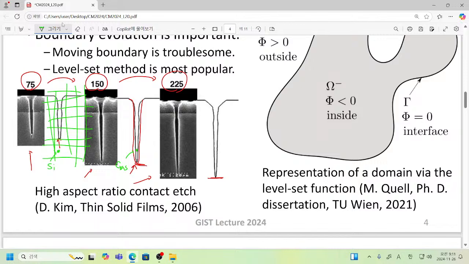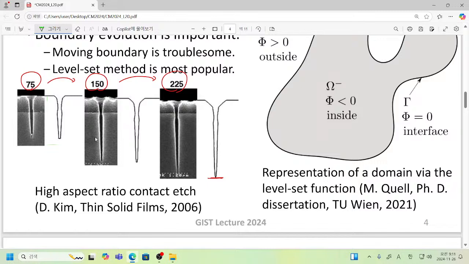So that can be done with voxel-like approaches. However, think about this one. It really requires a very large space.